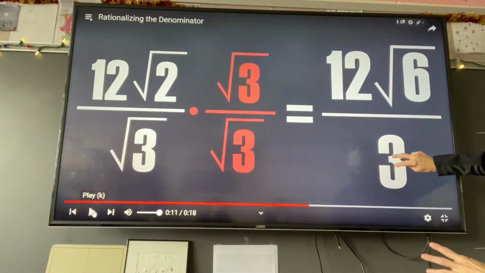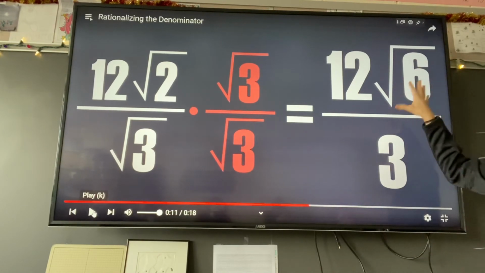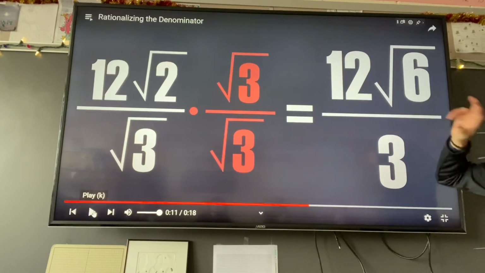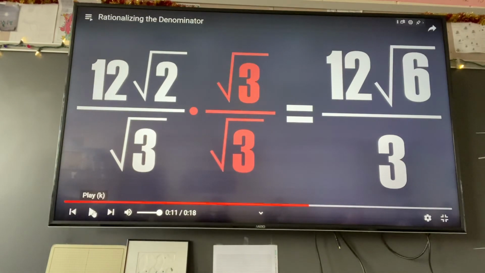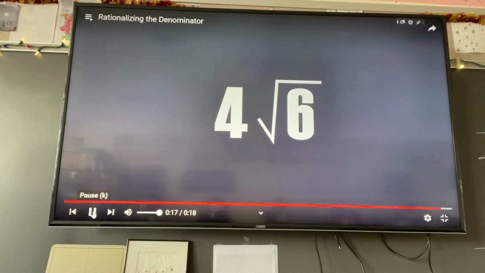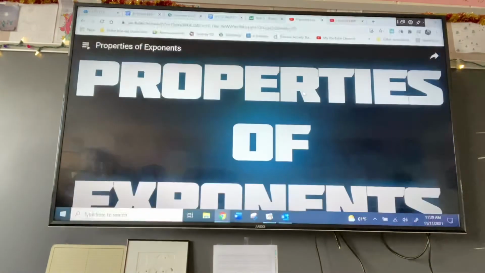We can't divide this 3 into this 6 because that's not a 6, that's a root 6. But we can divide this 3 into this 12 and it goes in evenly. So we're just going to simplify it. That's it. We just rationalized the denominator. We got the radical out of the denominator.